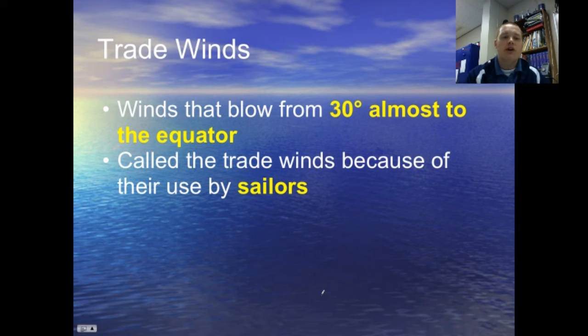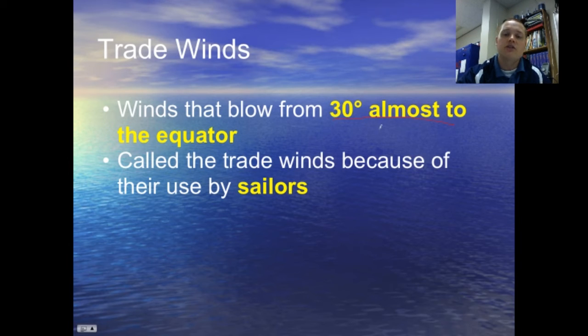Trade winds. Trade winds get their names because this was exactly the location in which, many, many years ago, even before the United States became the United States, when the ships were out in the ocean, the trade winds were what were helping them to move from location A to location B. So the traders in their big sailboats, in basically their ships, as they were being moved from those locations across the ocean, it was the trade winds that were helping to move them.